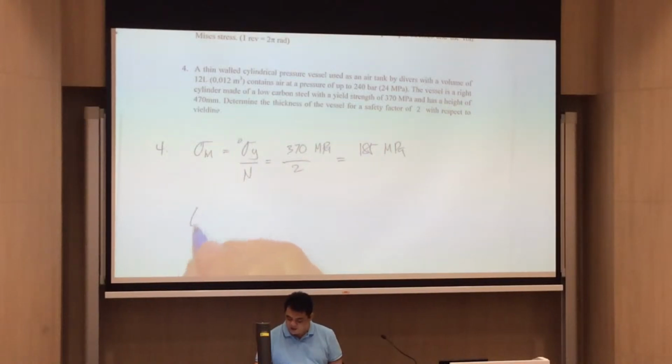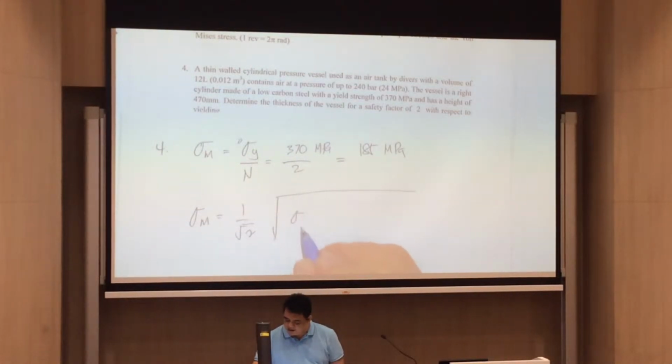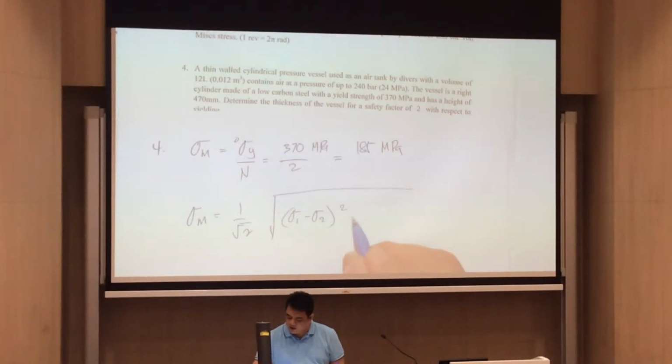And if I have my equation here, this will be 1 over square root of 2. I'm still working on a pressure vessel, so there's no shear here. Okay? So I still have my sigma 1 minus sigma 2 squared plus sigma 2 minus sigma 3 squared plus.